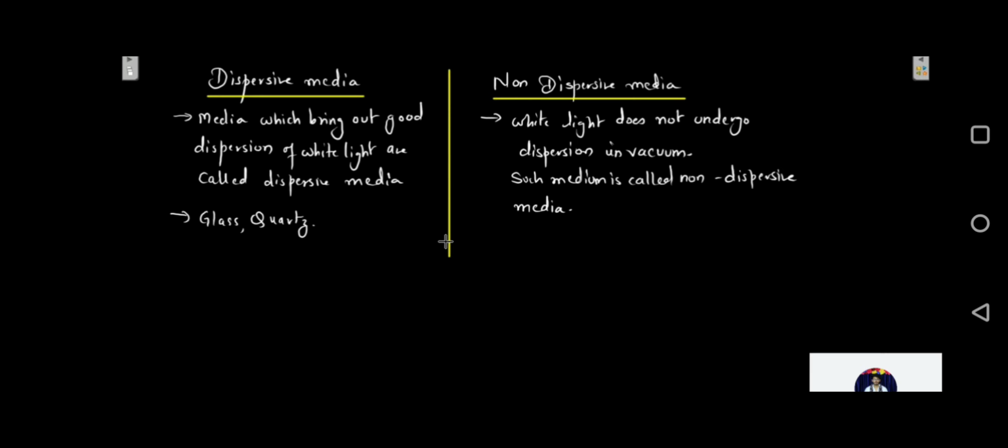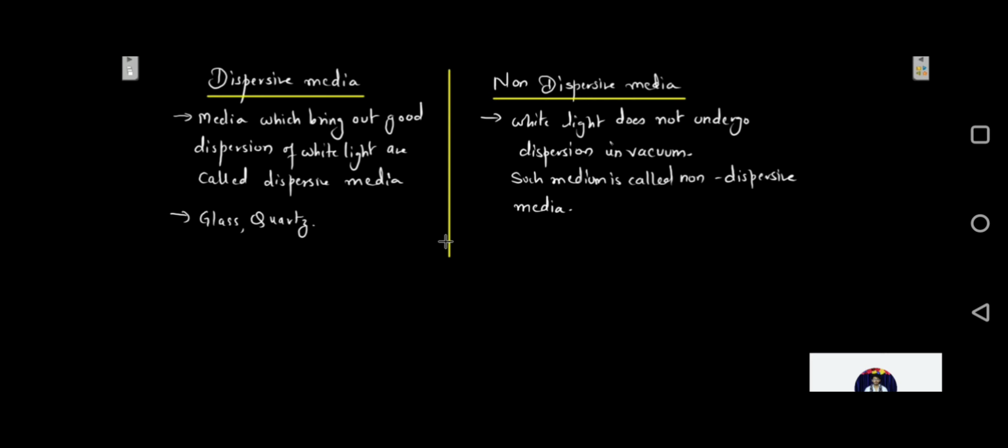Coming to a non-dispersive medium, in a medium such as vacuum, all the colors of white light travel with the same speed. That means the refractive index is not dependent upon the wavelength of the light. In a dispersive medium, mu was dependent upon lambda, but in vacuum or a non-dispersive medium, mu is independent of lambda.